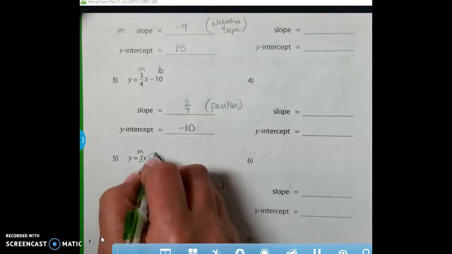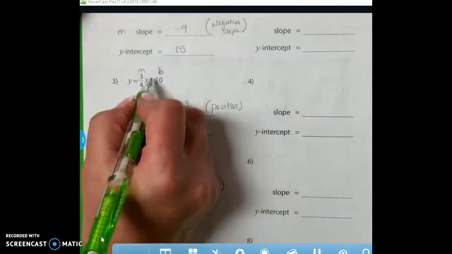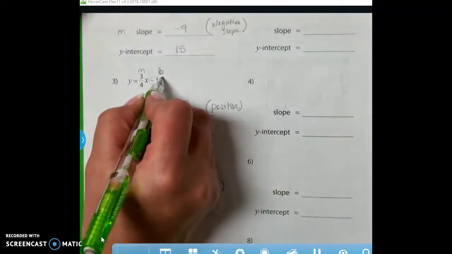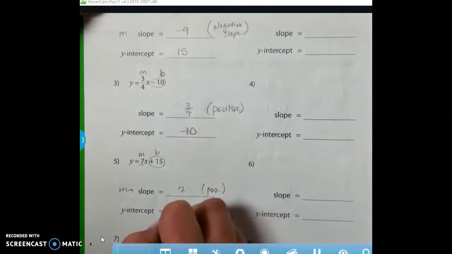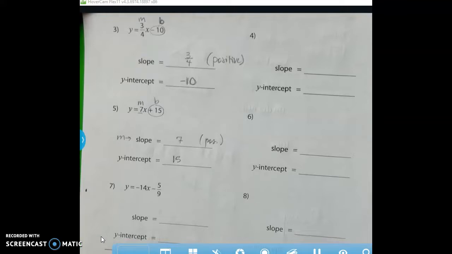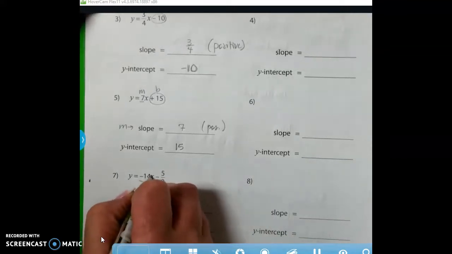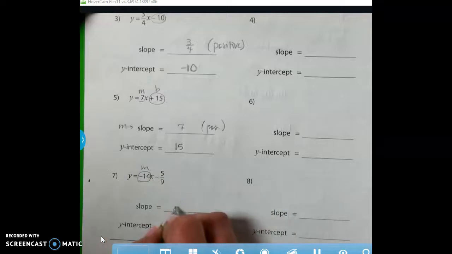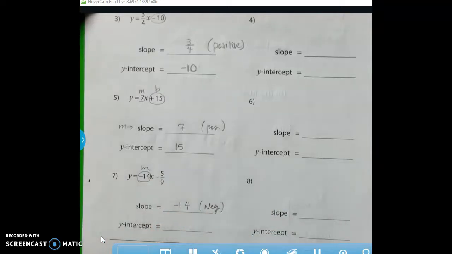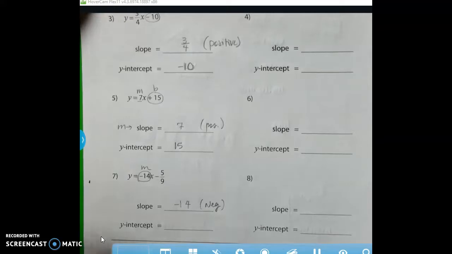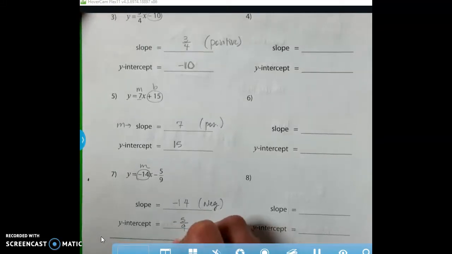Y-intercept is this value right here. And as before, when you're working on these, it's a number and the sign. They go together. You can't forget this. 15. And in question number 7, again, this is our value of m, negative 14, so it's negative slope, just like our value says. And yes, we also have a negative y-intercept.